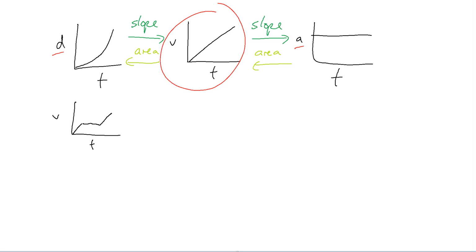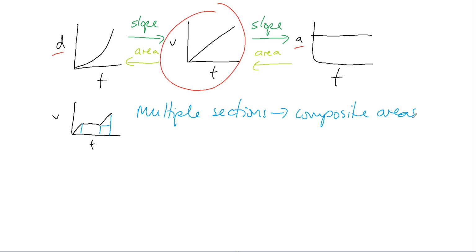You might be able to recognize what's going on here, but you can cut this into shapes. And if you've got multiple sections going on, this is where you use composite areas. Like in math class, when you had weird geometry shapes, and you had to find the composite areas and break shapes into different sections of triangles, and you'd add them together.